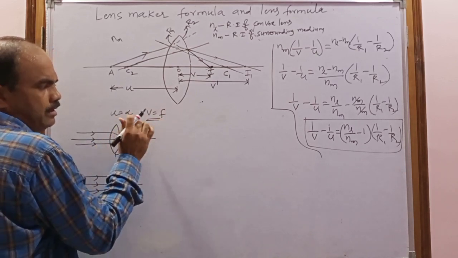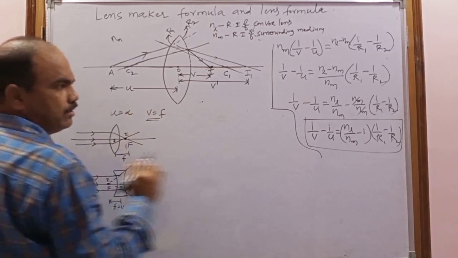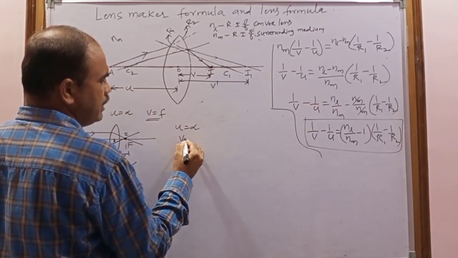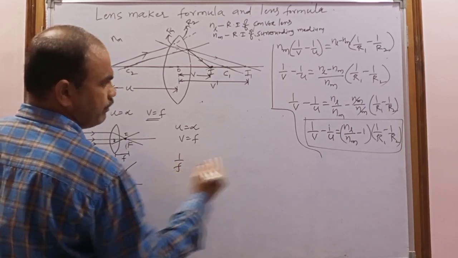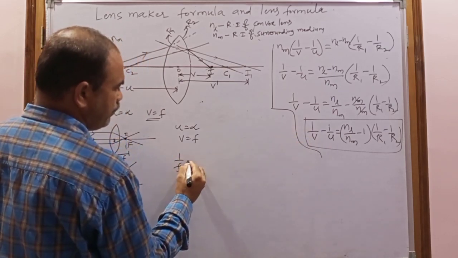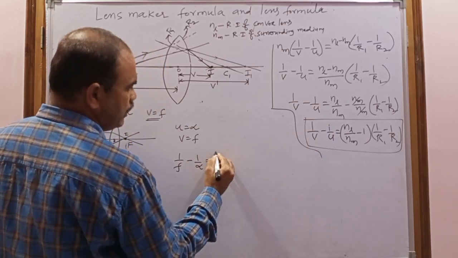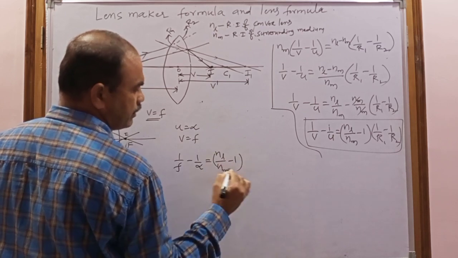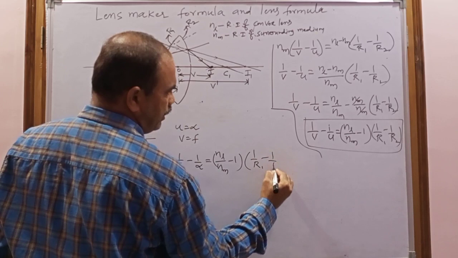So now, when this is the case I am taking, in this equation, when you substitute u equal to infinity and v equal to f, what do you get? 1 by f, that is 1 by v, minus 1 by u, that is 1 by infinity, equals the refractive index of the lens by the refractive index of the medium minus 1, into 1 by r1 minus 1 by r2.